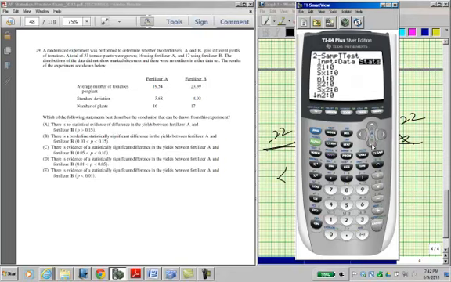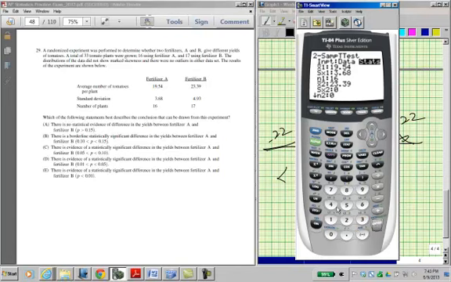We're going to put in the first average, X bar 1, 19.54. Enter. First standard deviation, 3.68. Enter. And then the number, 16. Then the second average, 23.39. Enter.